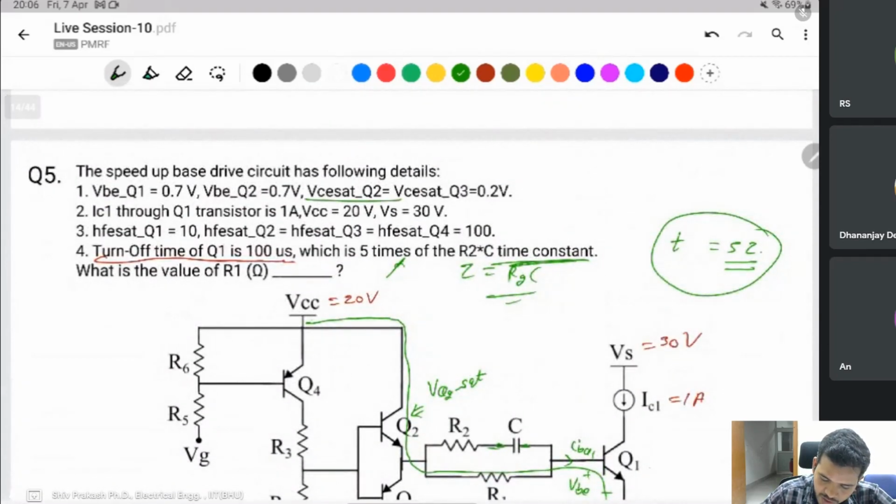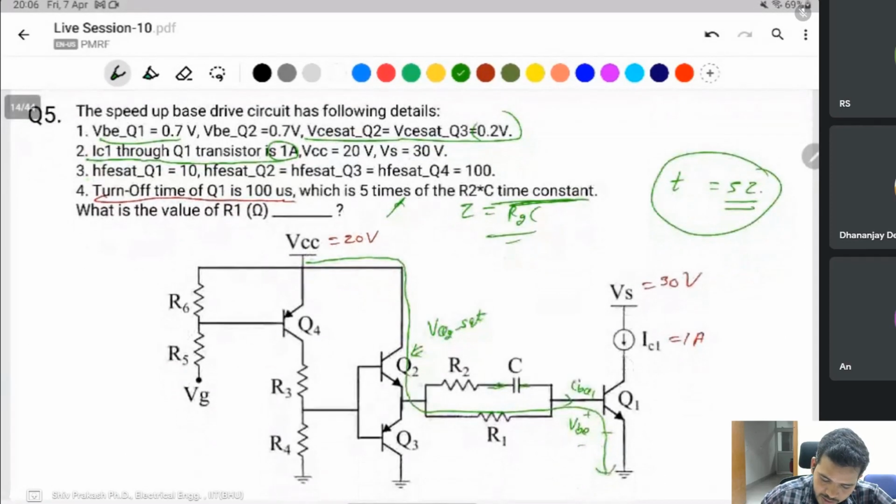The saturation voltage is given as 0.2 volt, VBQ1 is given as 0.7 volt, and IC1 is given as 1 ampere. Then you can calculate IB1.